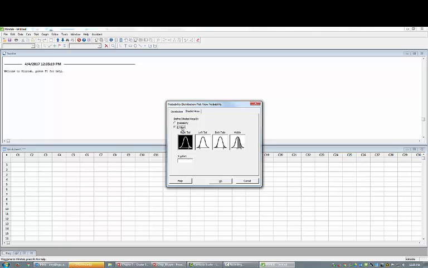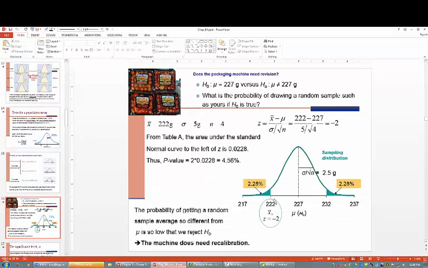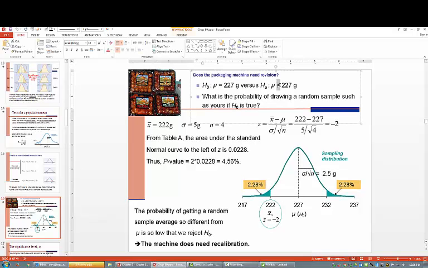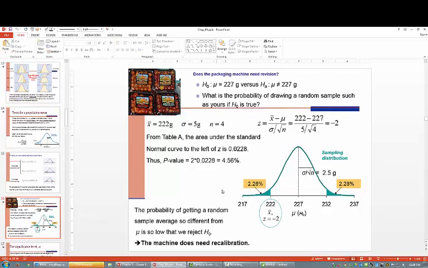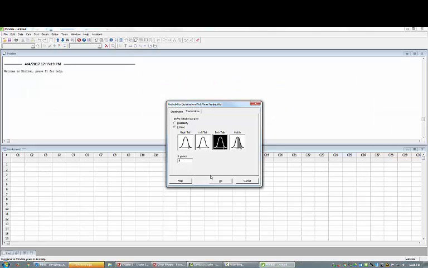Here you have the actual z value, right? So the x is generic, remember. Anytime you have the actual z value or t value or chi-squared value, you check this. And we want it to be two-sided, right? Because it's a two-sided test that we had. It's not equal to. And we found a z value of -2. So we're going to put in -2.